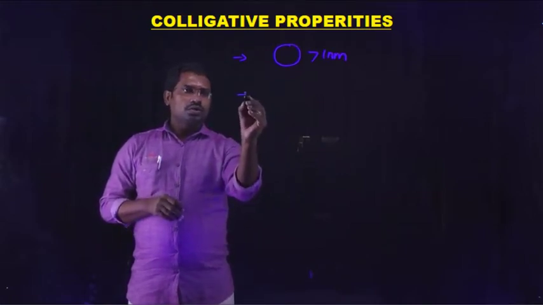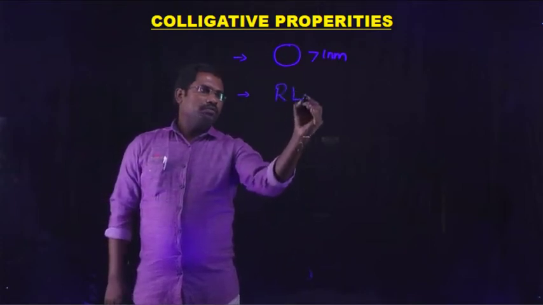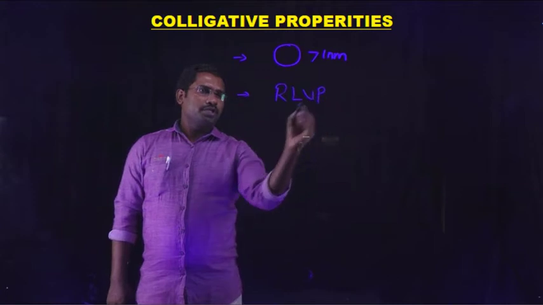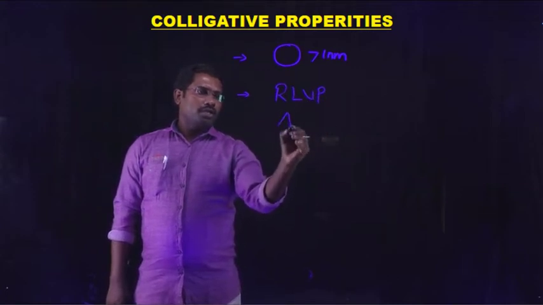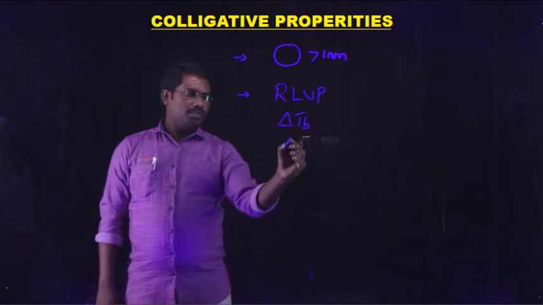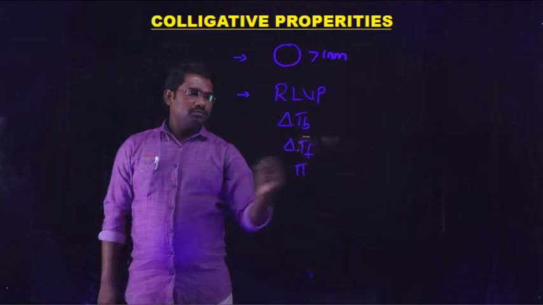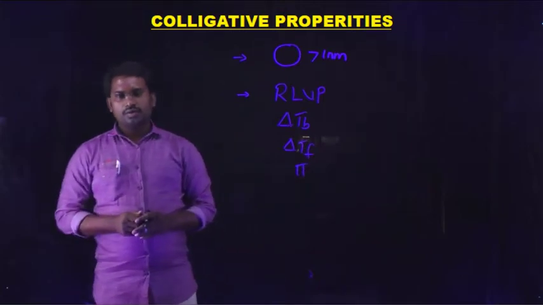So the colligative properties are RLVP, relative lowering of vapor pressure, elevation of boiling point delta TB, depression of freezing point delta TF, and osmotic pressure pi. These four are known as colligative properties.